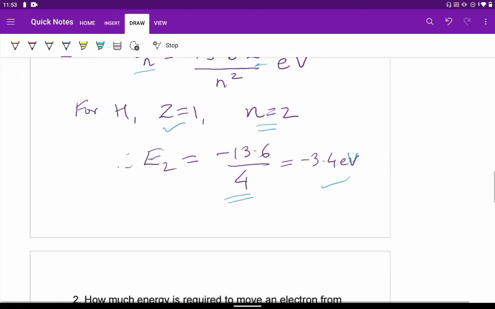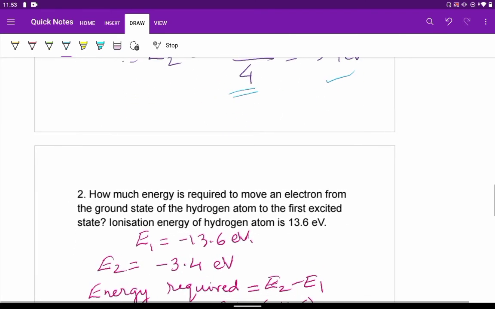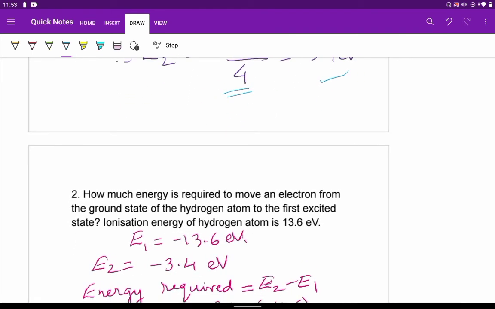Next in line, a similar type of numerical: how much energy is required to move an electron from the ground state of the hydrogen atom to the first excited state? Ionization energy of the hydrogen atom is 13.6 eV.